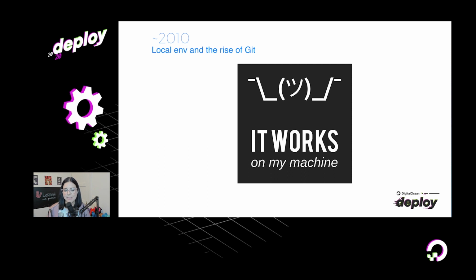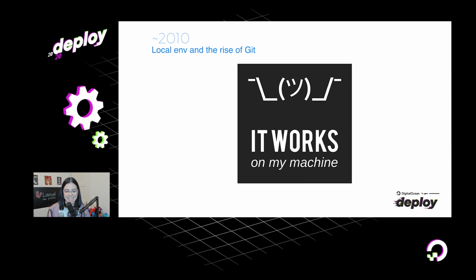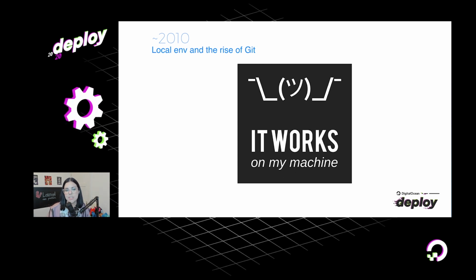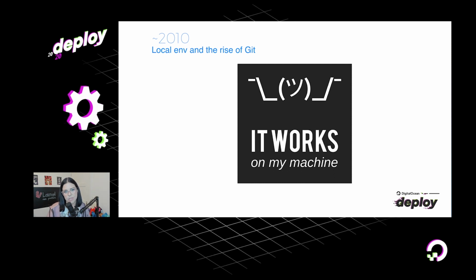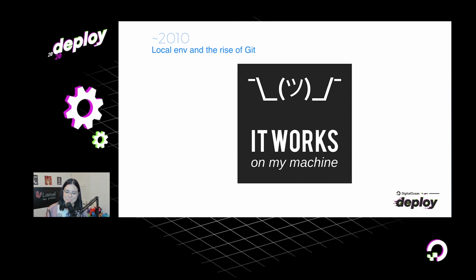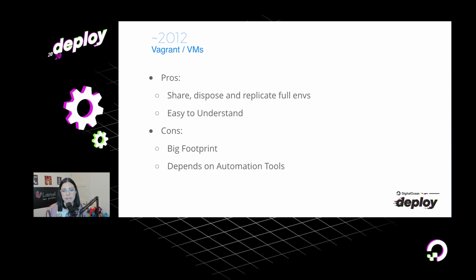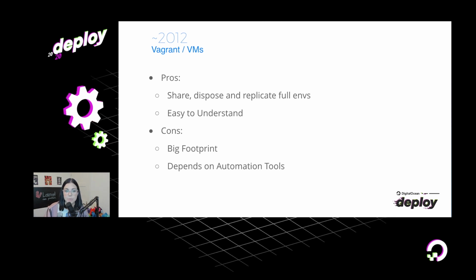Things would never work out of my machine. Things would be fine, and an extension was missing, something would be missing for sure on the remote server or on my colleague's machine.